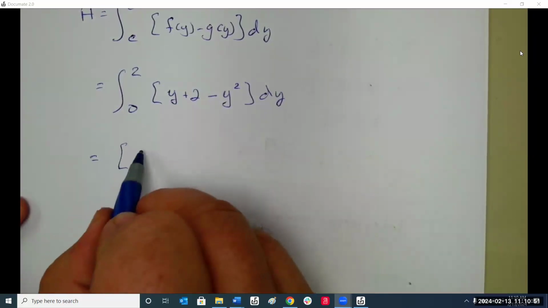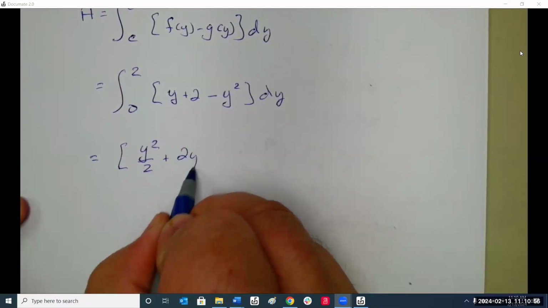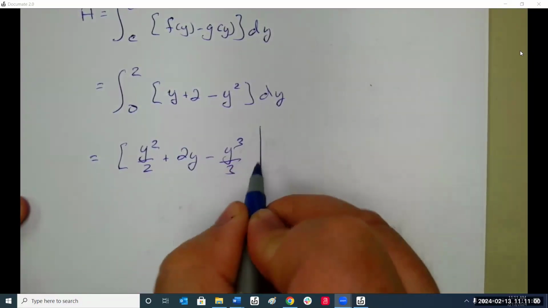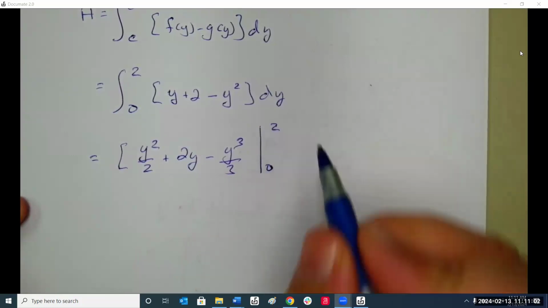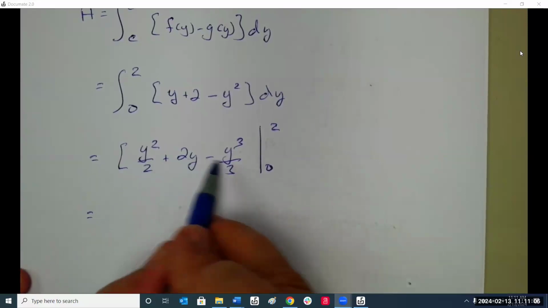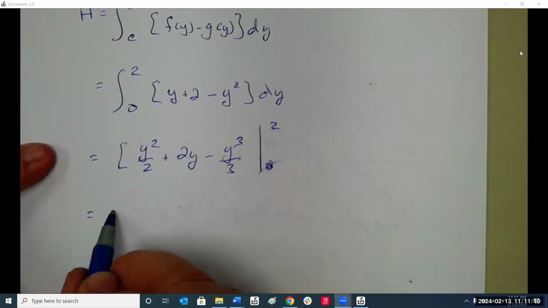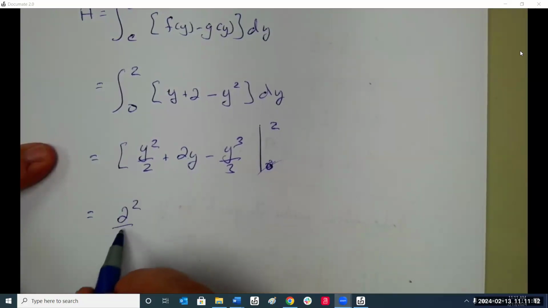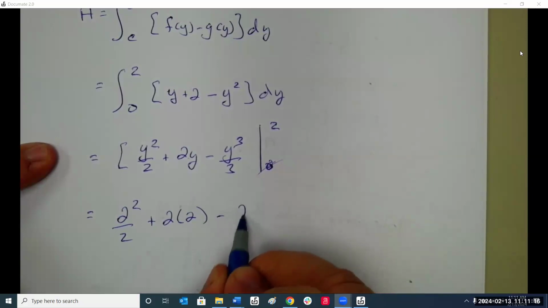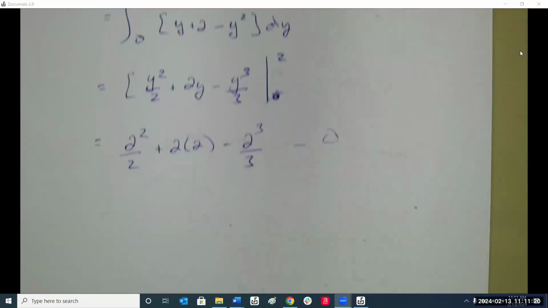So we have y squared over 2 plus 2y, y cubed over 3 from 0 to 2. Since they all have a value of y at 0, I don't have to worry about that one. So I'm only interested in 2 squared over 2, 2 times 2, 2 cubed over 3. All those are 0.